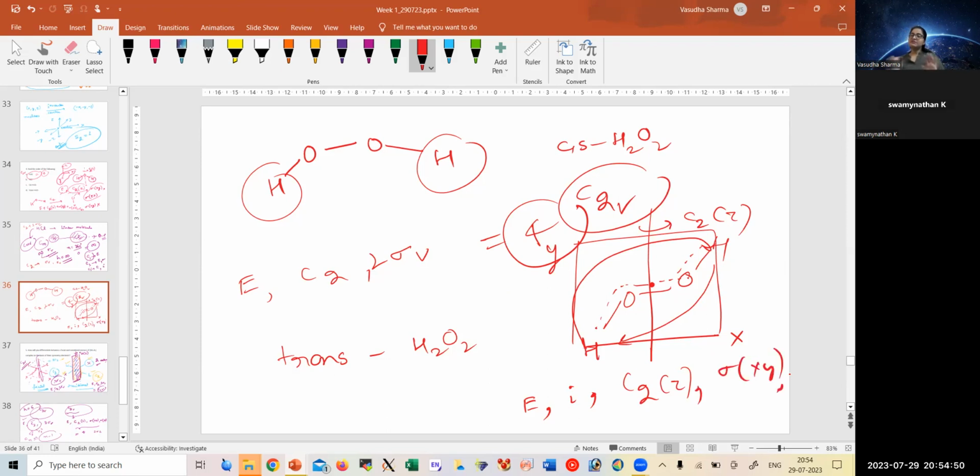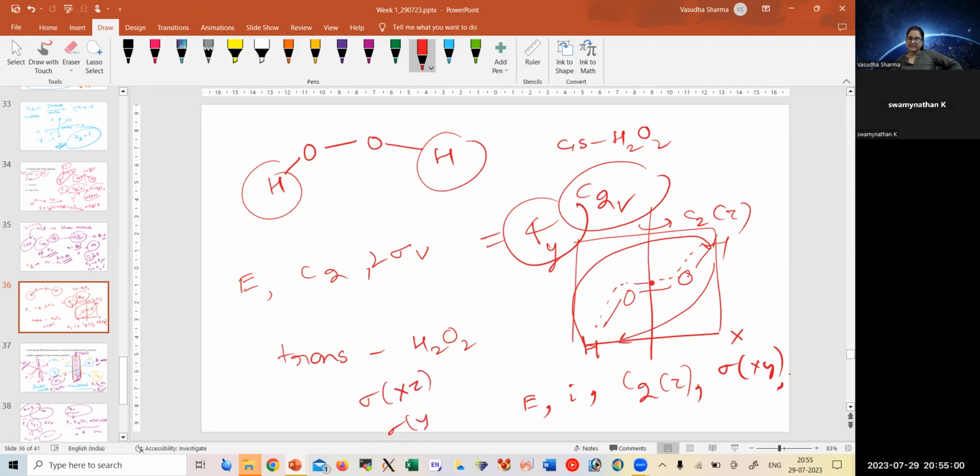Is there any vertical plane which is along the C2Z axis? That means sigma ZX is there or sigma YZ is there. There is one mirror plane along the O-O bond.